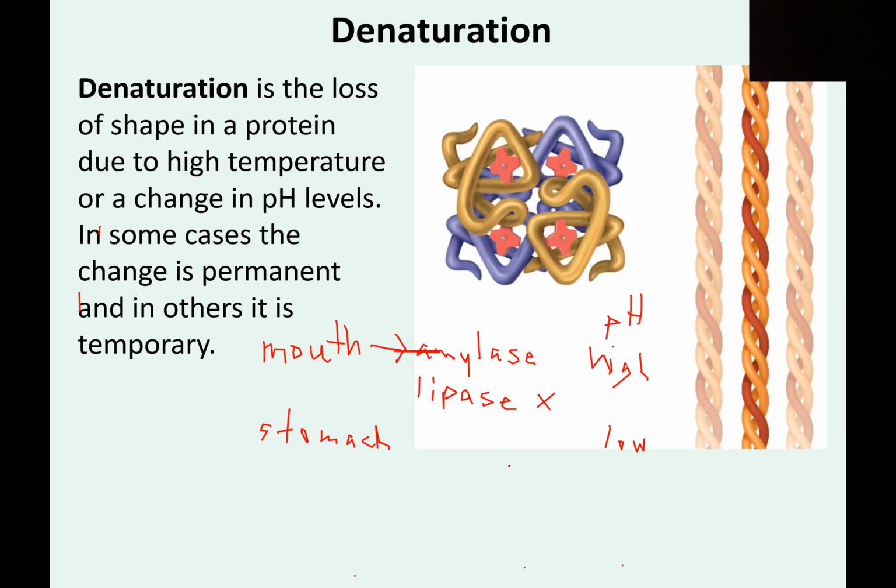So it begins to work, breaking down lipids. As they enter the small intestine, the pH is going to slowly increase, and so then it becomes denatured. So with lipase, it's a temporary condition, depending on the pH.